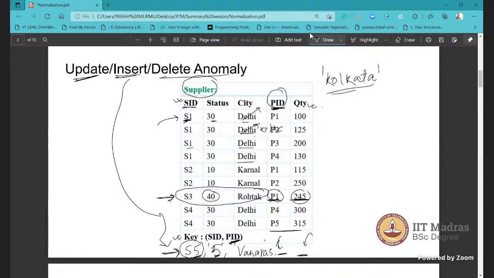But suppose he is a new supplier, some company that just joined, and has not even supplied an item. For that time you have to keep that information in the database. That is not possible, right? He has to supply some product, P1 or P2.